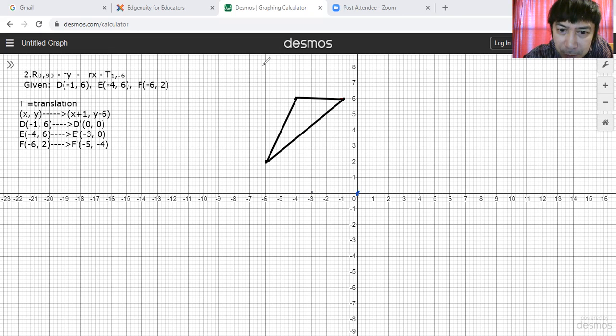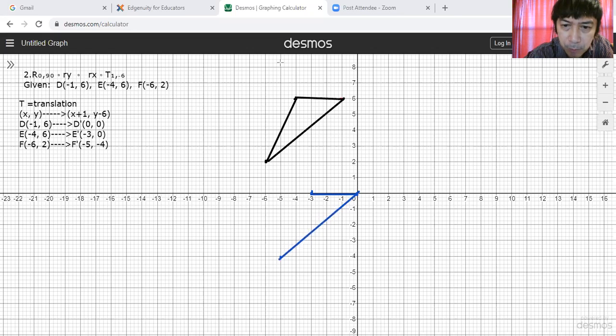I hope you can see the blue colored points. And then we have the F prime, negative 5, negative 4. That must be in the third quadrant, that looks like over here. I hope you can see the tiny blue points. I'm about to connect them. Let me just complete.